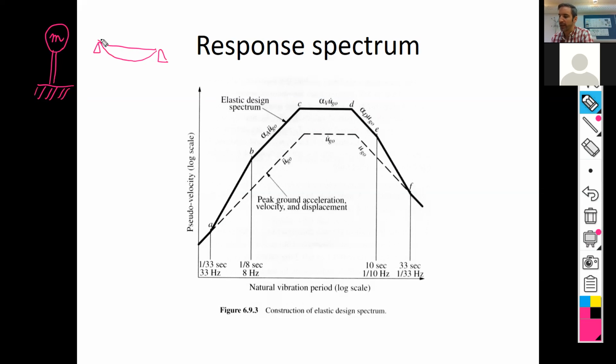But the thing is, the displacement that we want to obtain is the deformation of the structure, okay? Because we want to calculate, for example, the bending moments or the shear forces inside our structure, right?